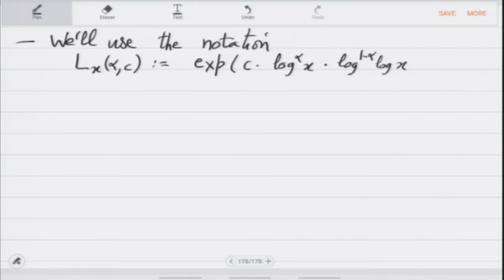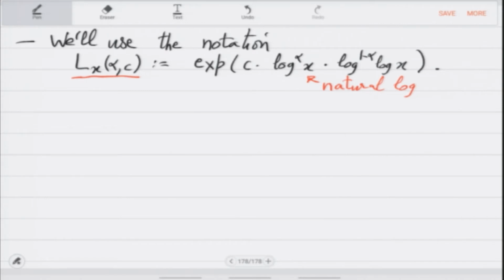And to be sure, this log is natural log. That's important because we want to really talk about the constant multiples as well here, because that may change how fast it will be in practice. So we want c to be small, and also we want log x to the alpha to be small.